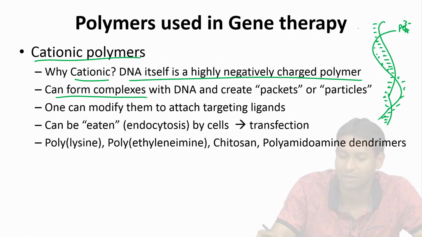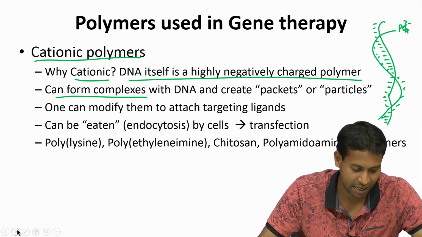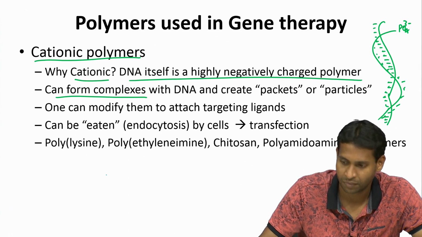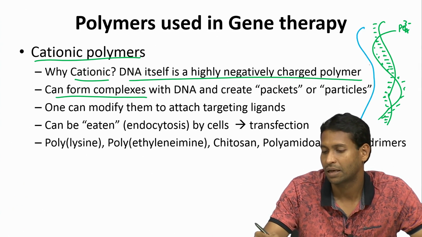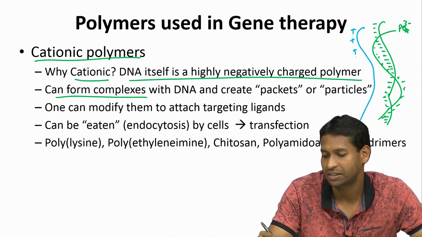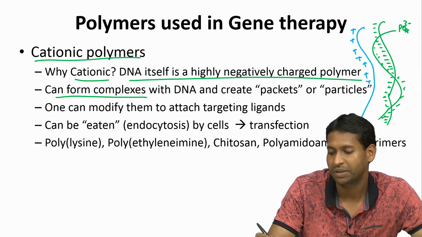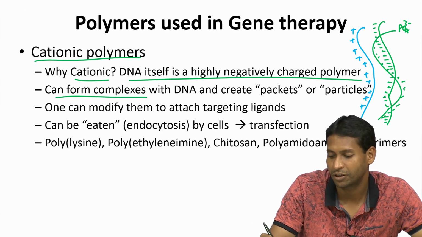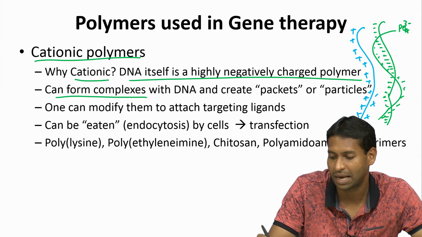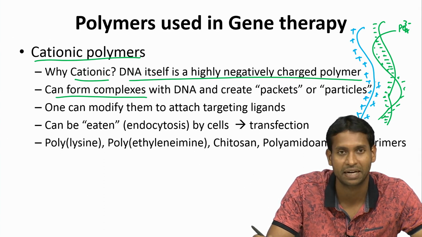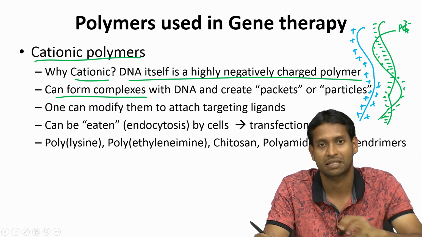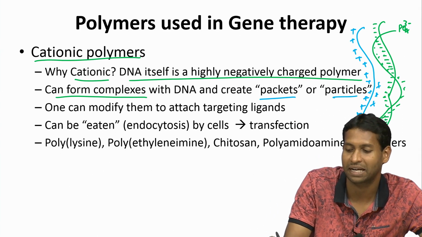So here is one DNA, then let us say you take a polymer which is positively charged and you mix them in the right ratio, or you vary the ratio, and at some ratio they will start precipitating out and form these complexes, or packets, or particles.